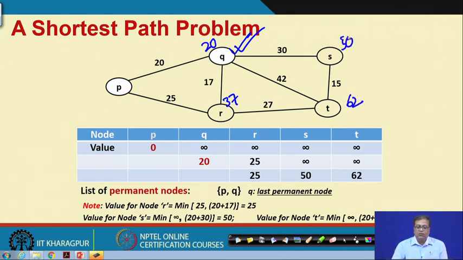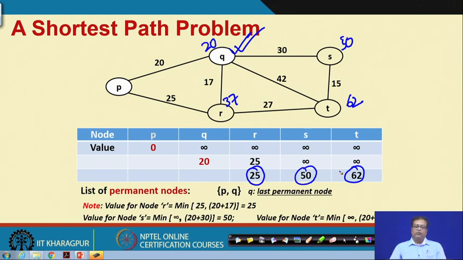But out of that, the current value is 25, and if I compare 25 and 37, then 25 is lower, the minimum. So I leave it at 25. But out of infinity and 50, 50 is lower, so I put 50, and out of infinity and 62, 62 is lower, so I put 62. Is it all right? So these values we can compute. Now, you will tell me which node we shall make permanent now.